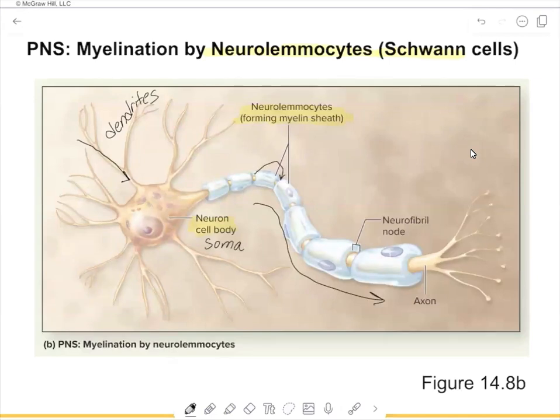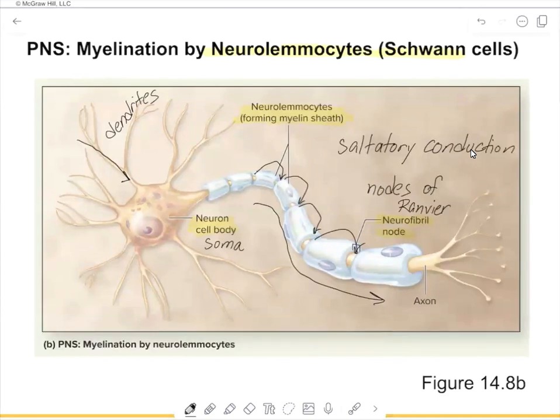And because of this myelin, it leaps from node to node. And those nodes are called neurofibril nodes or nodes of Ranvier. And this sort of leaping that occurs is extremely fast, and it's called saltatory conduction. So when we don't have this myelination that occurs, the signal is going to travel much more slowly down the axon.